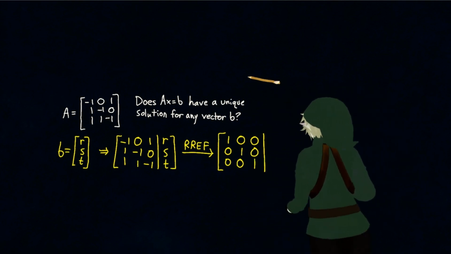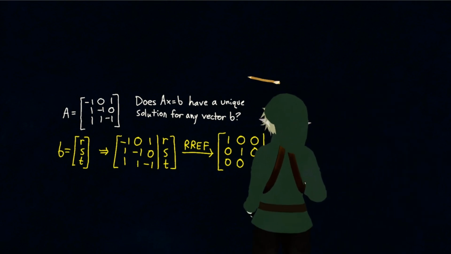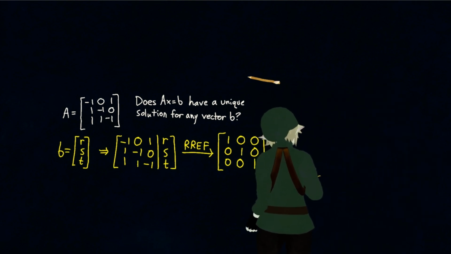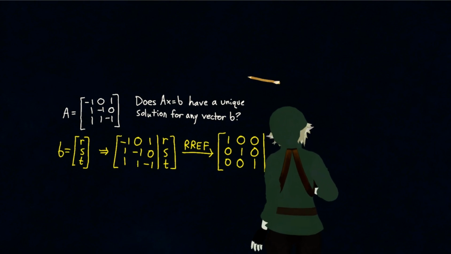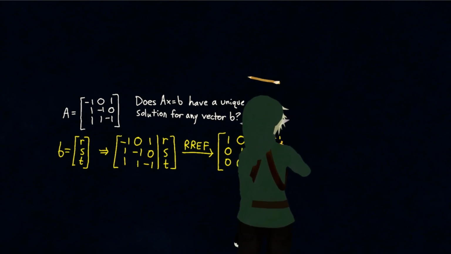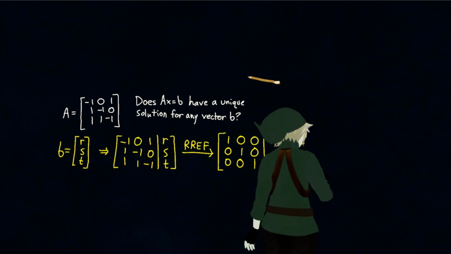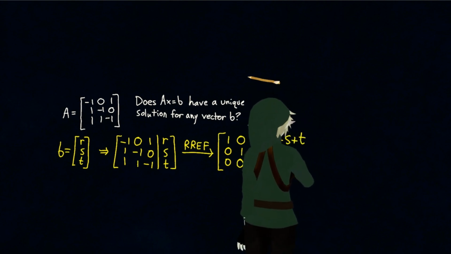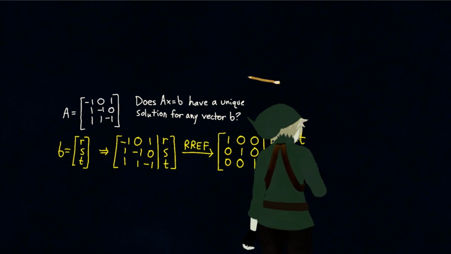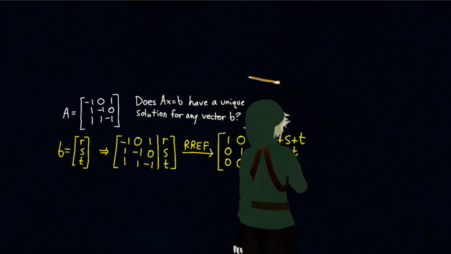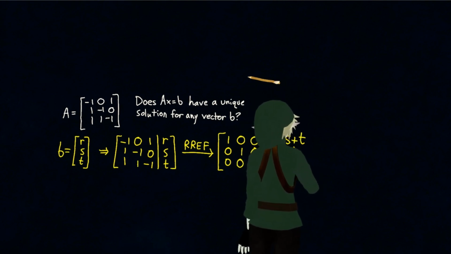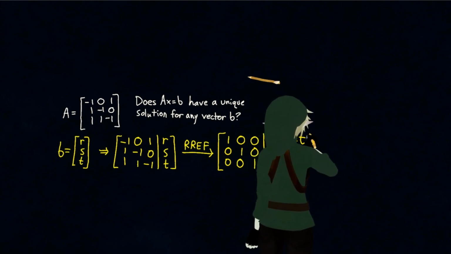So looking at my notes, we see that we have r plus s plus t, r plus t, and then 2r plus s plus t.